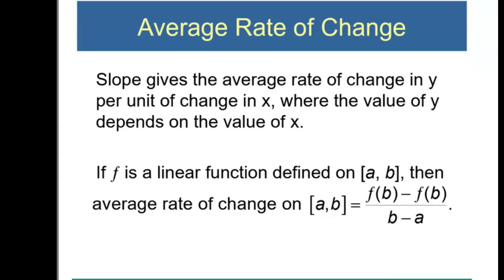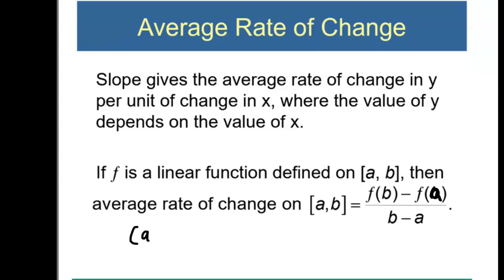All right, so we can interpret the slope as meaning the average rate of change. That is given by this formula here, f of b minus f of a all over b minus a. So that's the difference in the y's all over the difference in the x's.